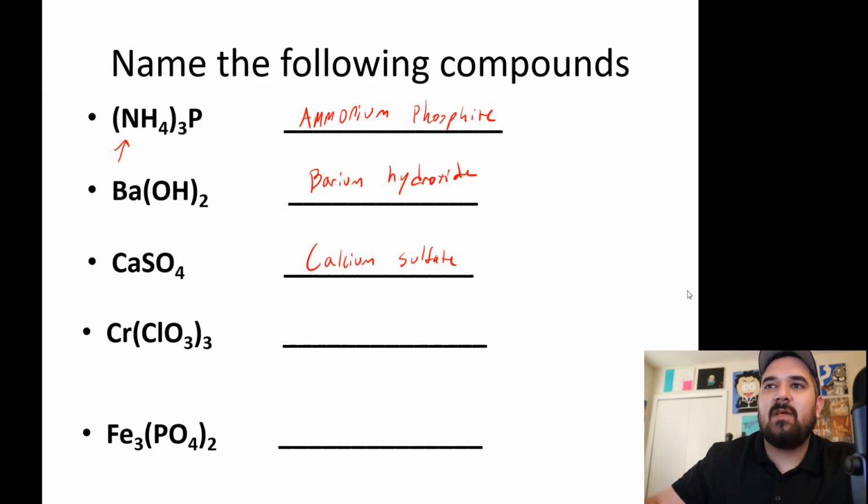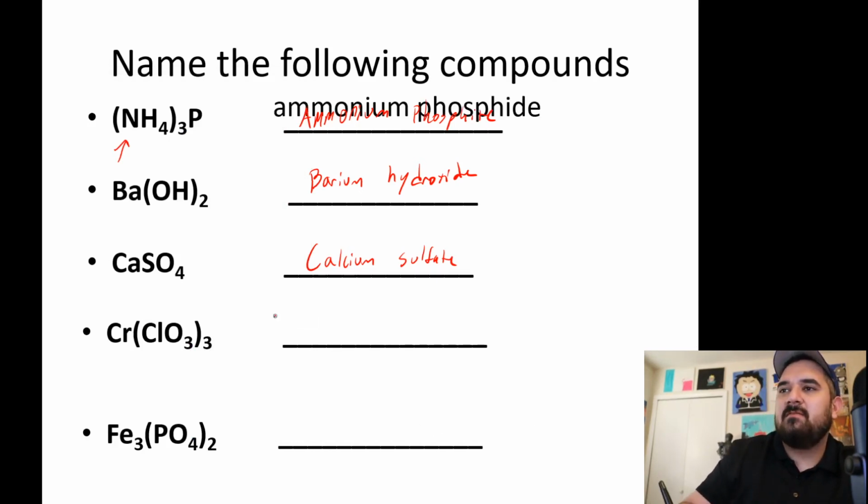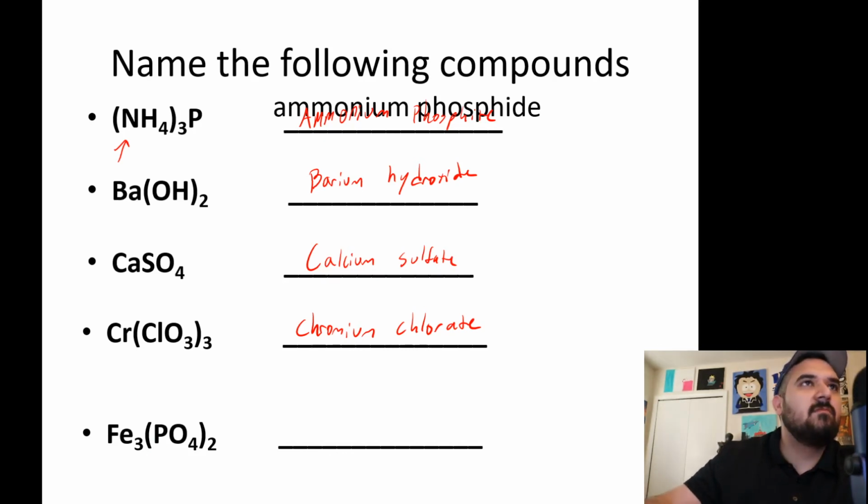All right, next one we have is ClO3. That's chlorate, so chromium chlorate. Actually, I made a mistake right there.